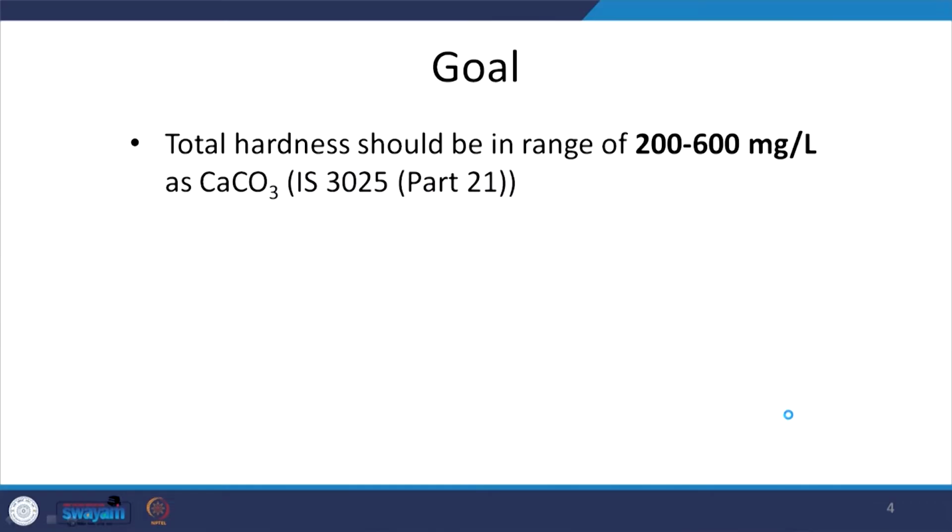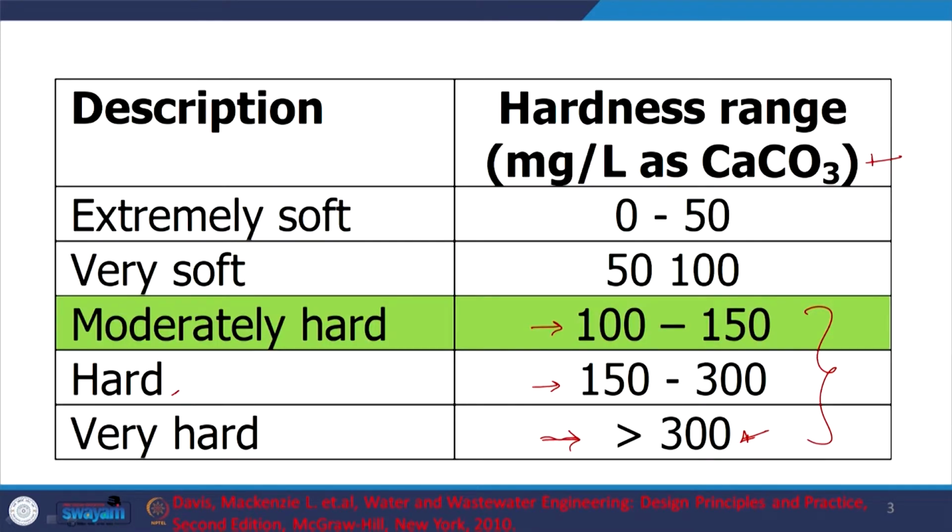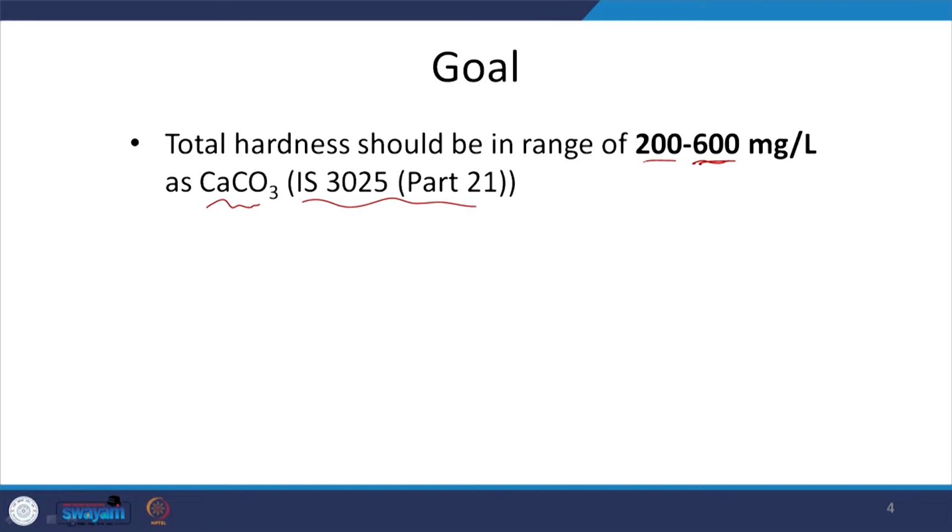With respect to drinking water, what does the standard say? At least the Indian standard says 200 to 600 milligram per liter expressed as CaCO3. Even here, note that the units are expressed as CaCO3. This is one aspect I will come back to. Our Indian standards are pretty lax in this case, but in general, if water hardness is greater than 250 milligram per liter as CaCO3, you are going to have issues.